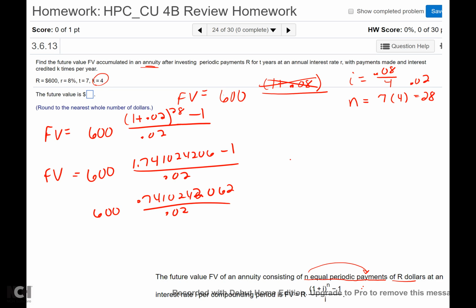Divide that by 0.02 and you get 600 times 37.051. Notice that I'm not rounding. You don't need to write it all, but times that by 600, and you get 22230. Now I'll round to money. So the future value will be $22,230.73.